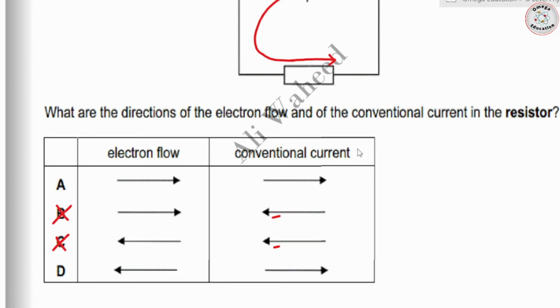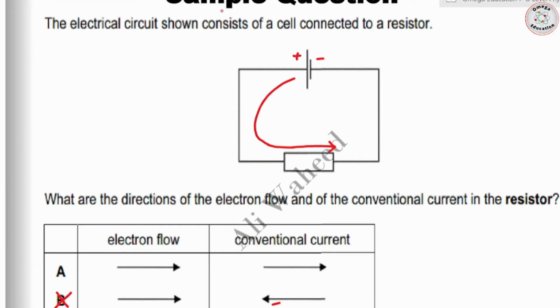And if the direction of conventional current through the resistor is towards the right side, then the direction of electron flow would obviously be to the left side. There you can see, coming from the negative side towards the positive side, we follow a clockwise direction.